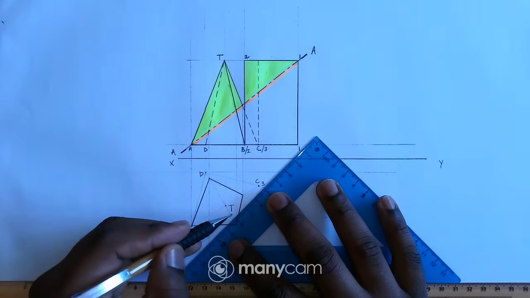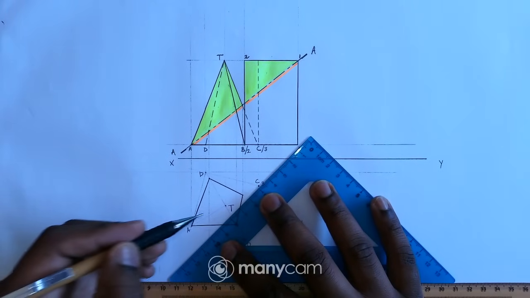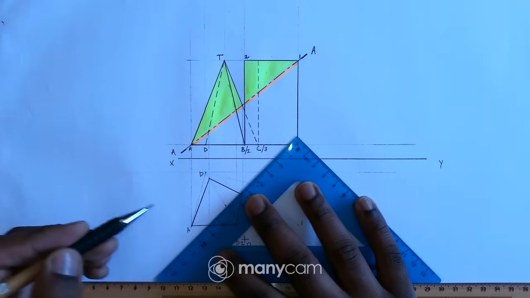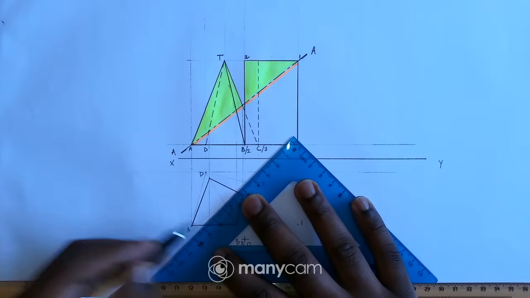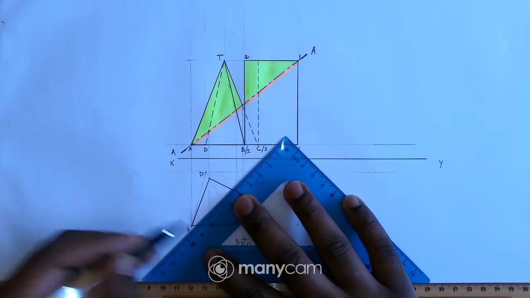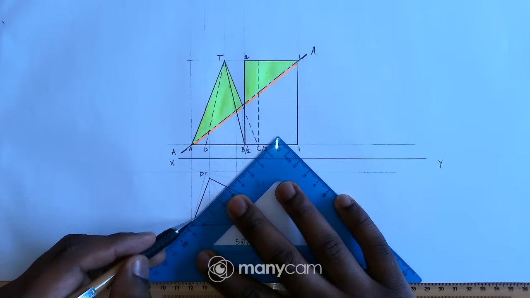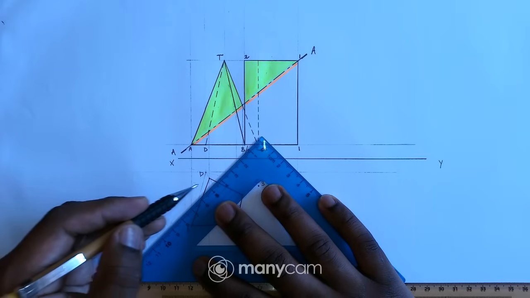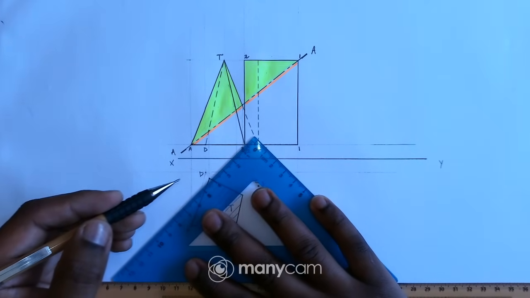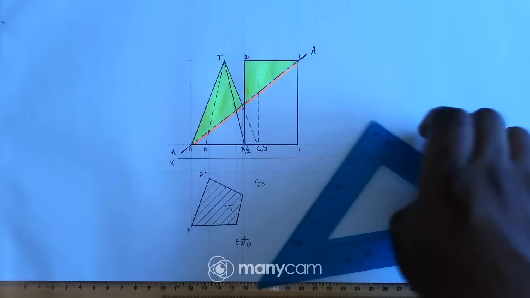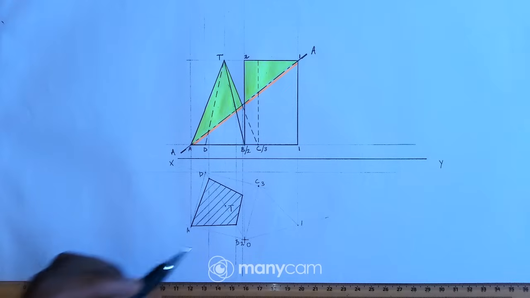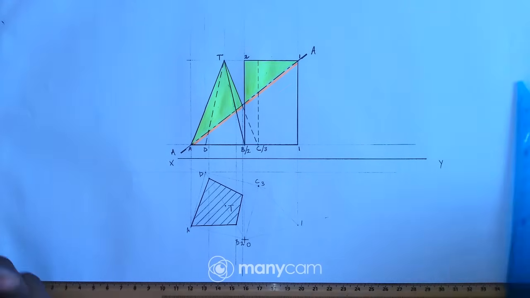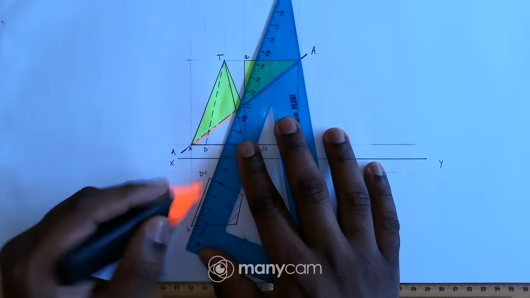So I'll just hatch the surface there. So this is our cut surface for the pyramid, so I can just draw those lines there.